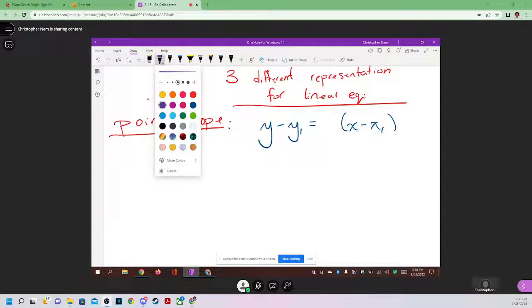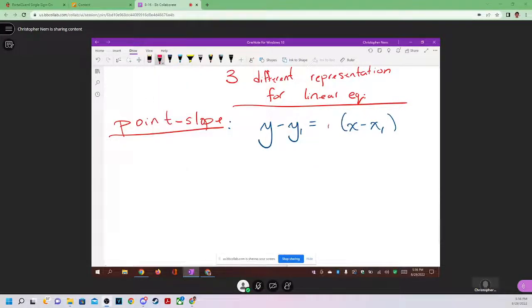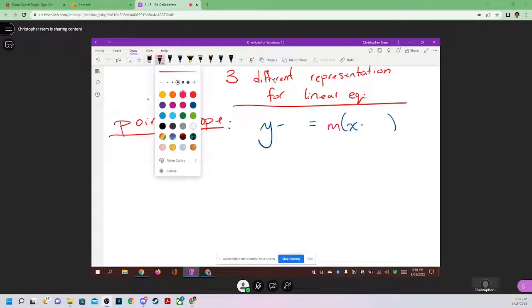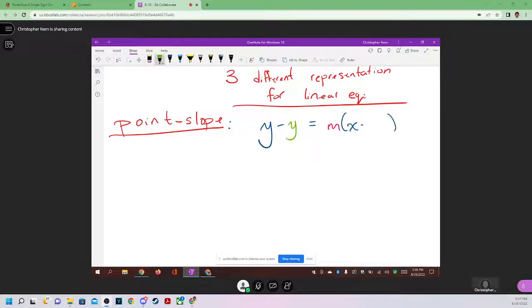Let's do, where's pink? Oh, and then let me color code some stuff real quick so you guys get a better idea. Actually, I'm still working on learning how to color code better. Boom. That is the point slope formula. So that's one. Point slope formula or point slope equation, either or.